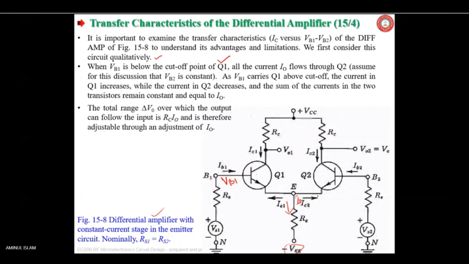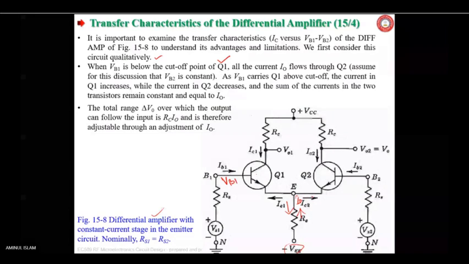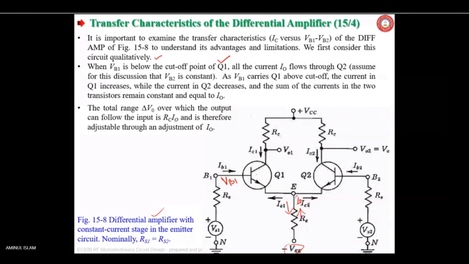So IO is basically a summation of two currents, IC1 and IC2. If you consider IB very small, then IC1 equals I1 and IC2 equals I2.